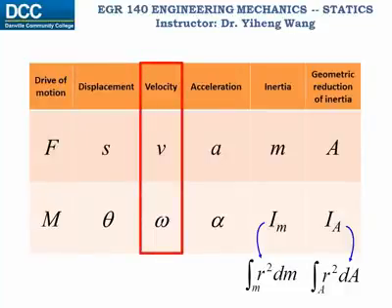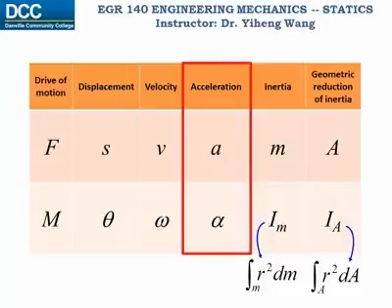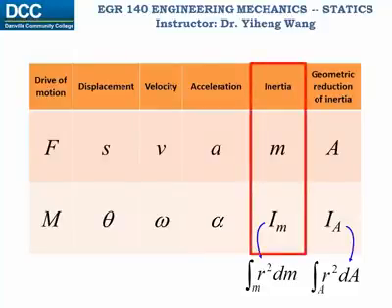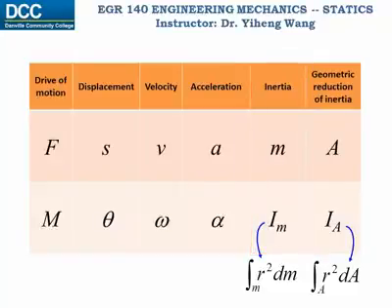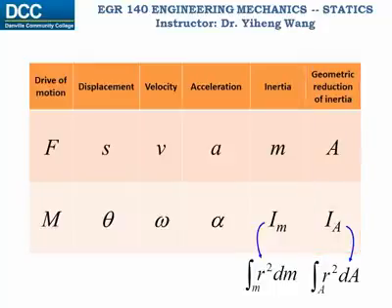For velocity, we have linear velocity v versus angular velocity omega. For acceleration, we have linear acceleration a versus angular acceleration alpha. For inertia or resistance to motion, we have mass versus mass moment of inertia. And lastly, for the 2D geometric reduction of inertia, we have area versus the area moment of inertia. Hopefully, this table can help you better understand the concepts of moments of inertia.